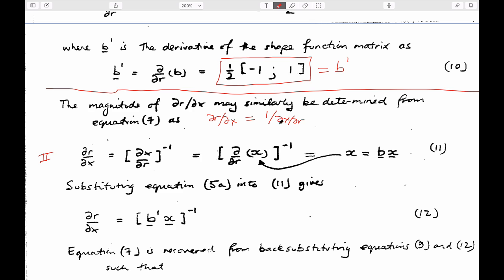And so if we believe that we can do this, so this is what we want, we can write it like this, which is this. And the reason we write this is because we know that if we substitute in that the x-coordinate is equal to the shape function multiplied by the x-coordinates of the nodes, which is this, then it's basically this here.